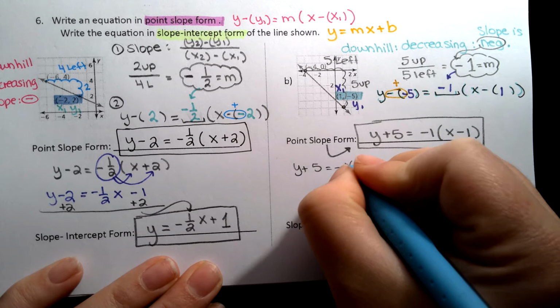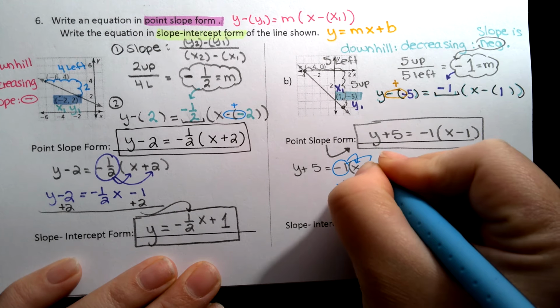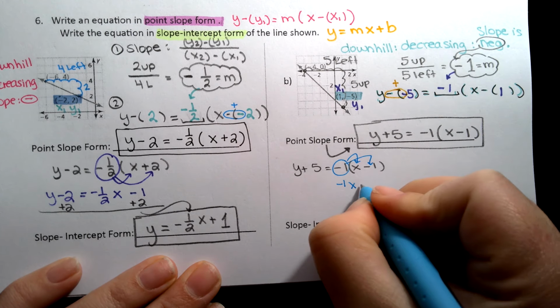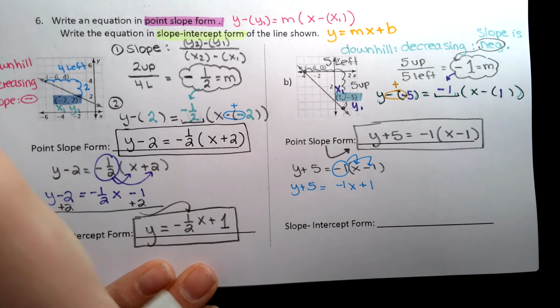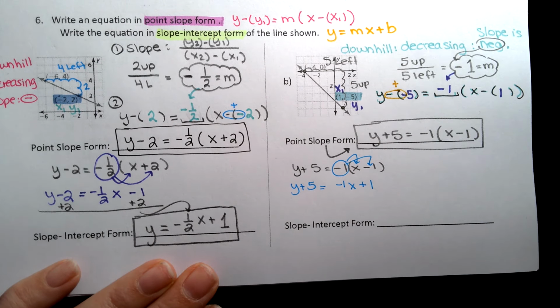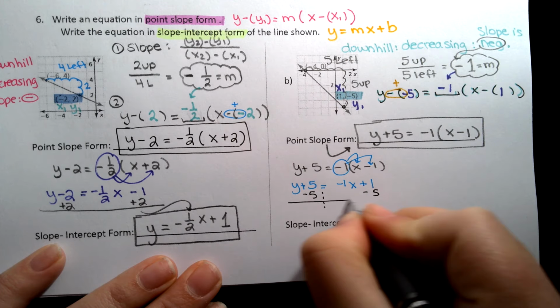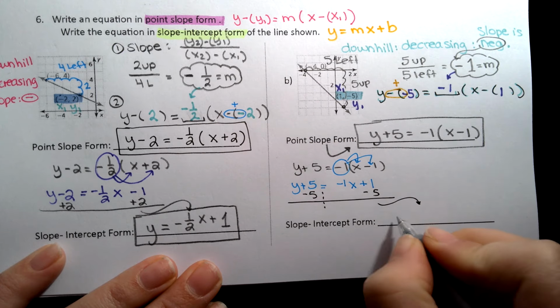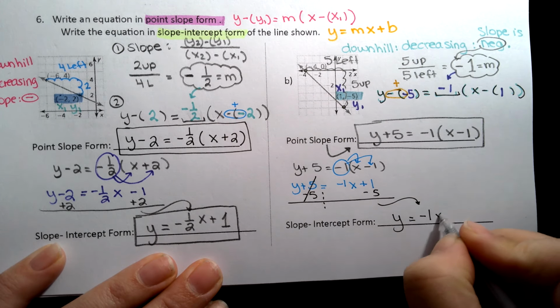So this negative 1 is going to go on x as negative 1x and onto this negative 1, which is going to give me a positive 1. Subtract 5 on all sides. And we write out our answer as y equals negative 1x minus 4.